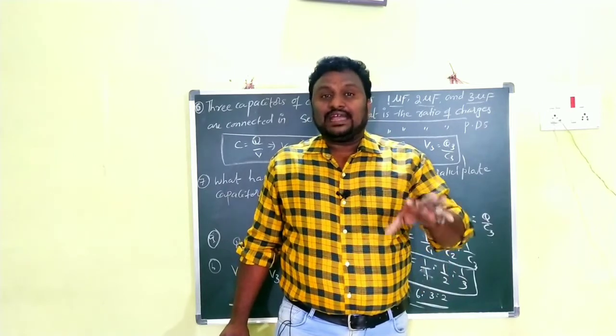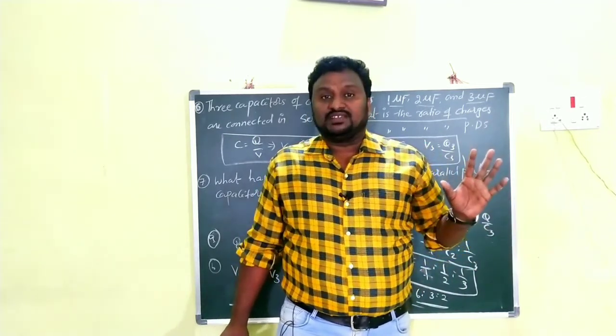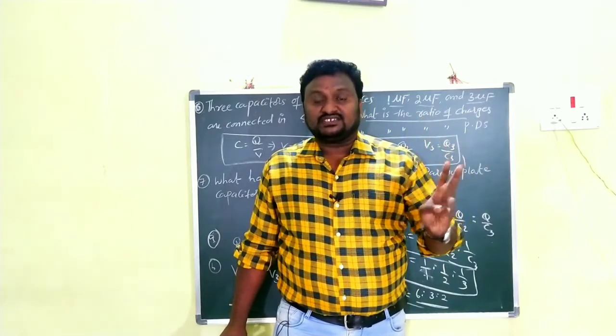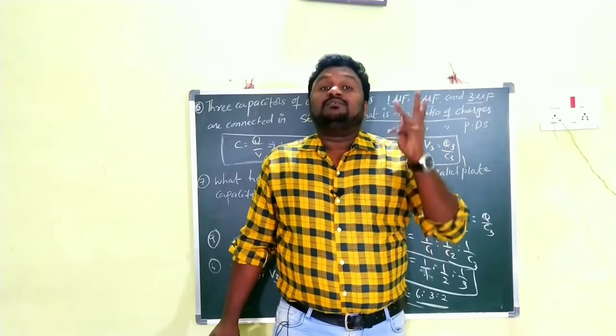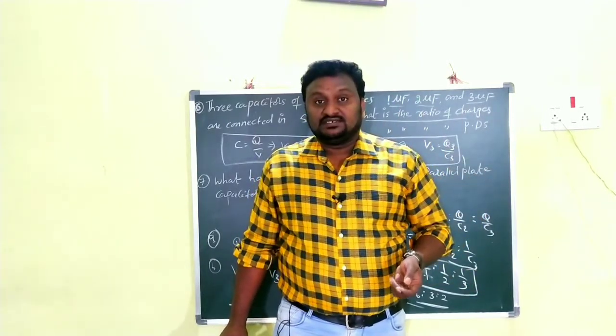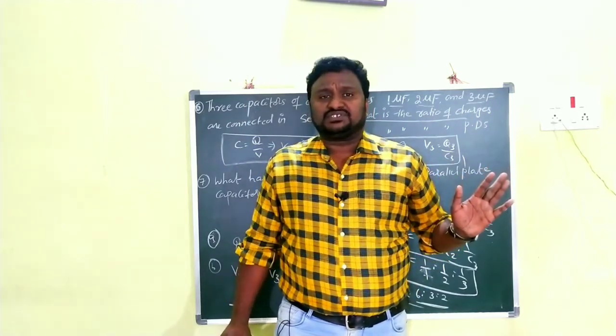When we have a clear idea about series and parallel combination, we can easily substitute those values. In series combination, charge is constant, potential varies. In parallel combination, potential is constant and charge varies. So if you have that idea, you can simply answer the questions.